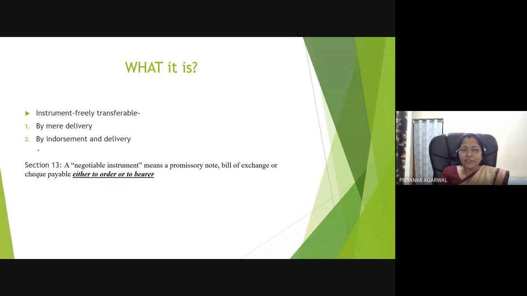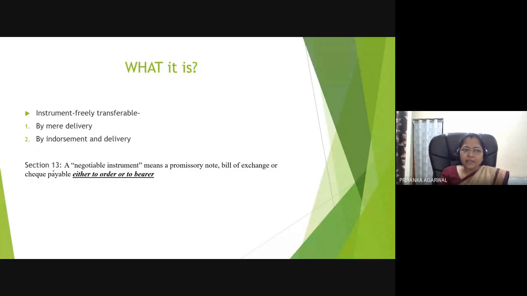Because in the Act, if you have seen, the word mentioned starts with I. I give you a task. You need to find out the difference between endorsement starting with I and endorsement starting with E.